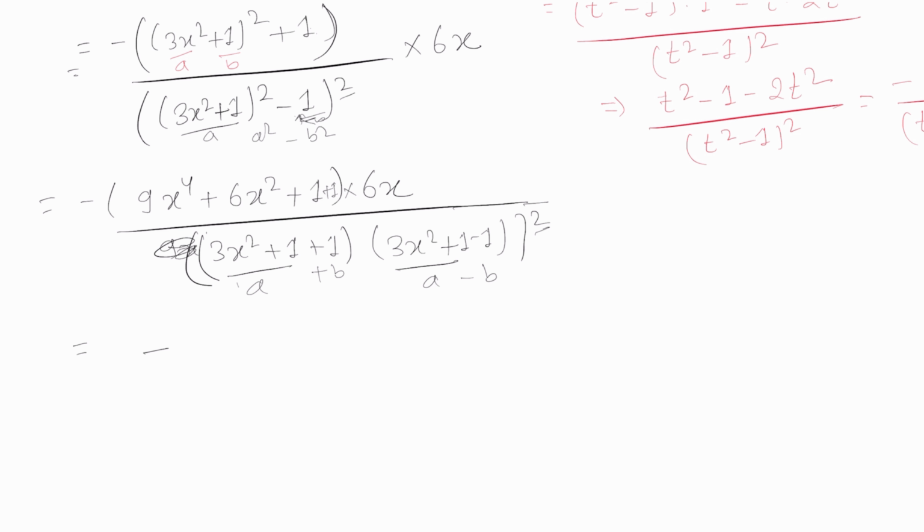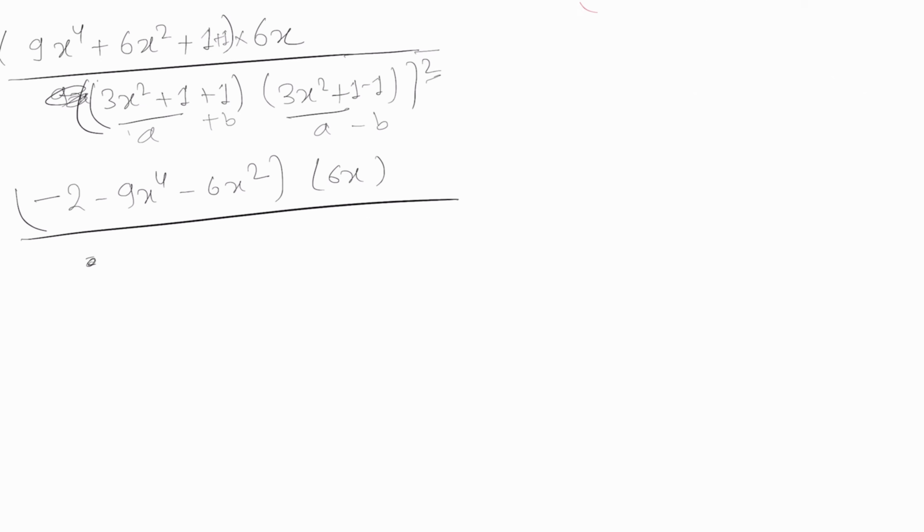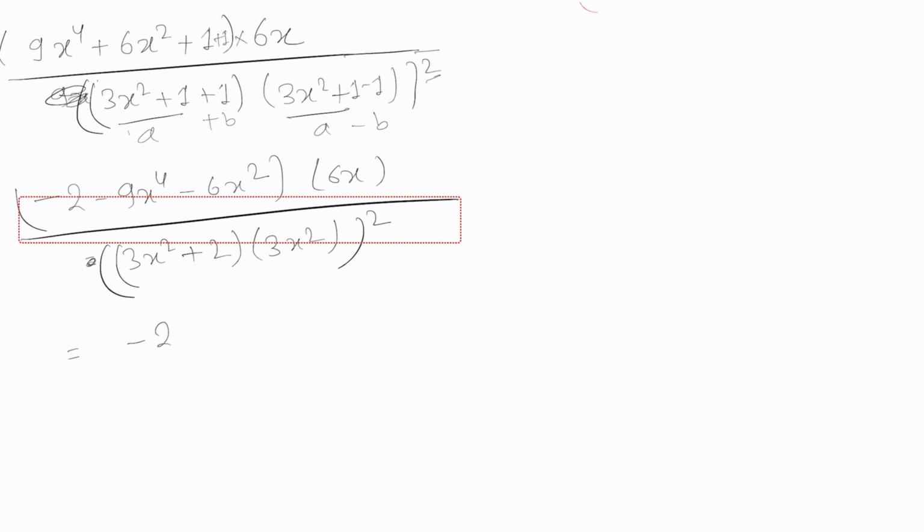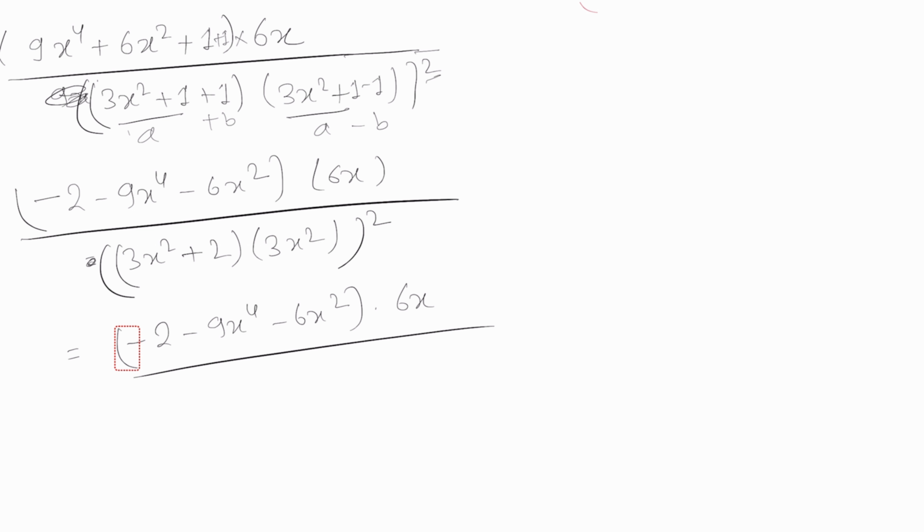So now multiply with the minus sign, so we will have here minus 2 minus 9x to the power 4 minus 6x square, times 6x, divided by (3x square plus 2) times 3x square whole square, and then 9x to the power 4.